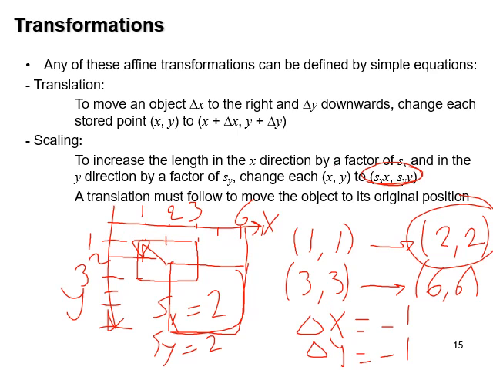If you apply this equation, then 1 and 1 will each be multiplied by 1.5. You go to 1.5 and 1.5, and we know that there is no point 1.5, 1.5 on an image. So we also have to do an approximation, similar to what I explained when we talked about drawing a straight line in vector graphics.